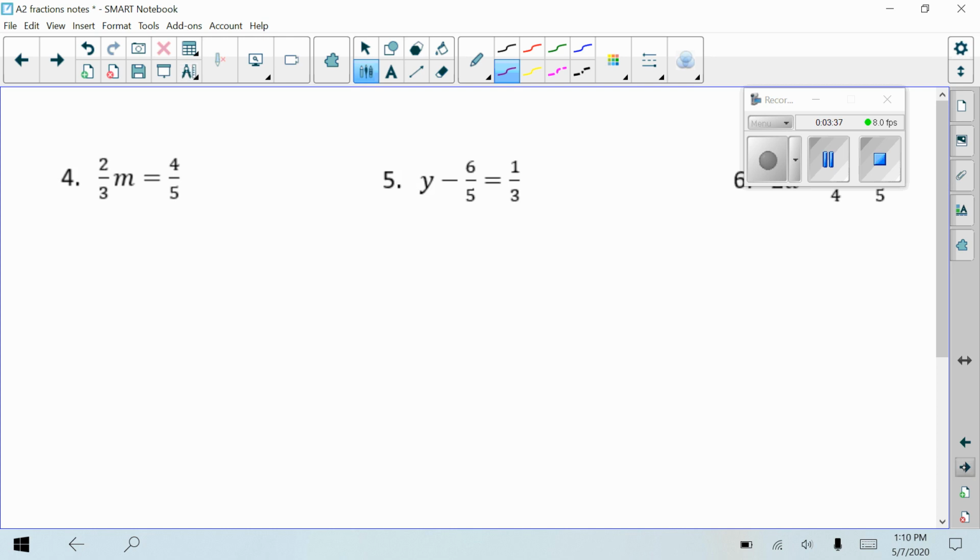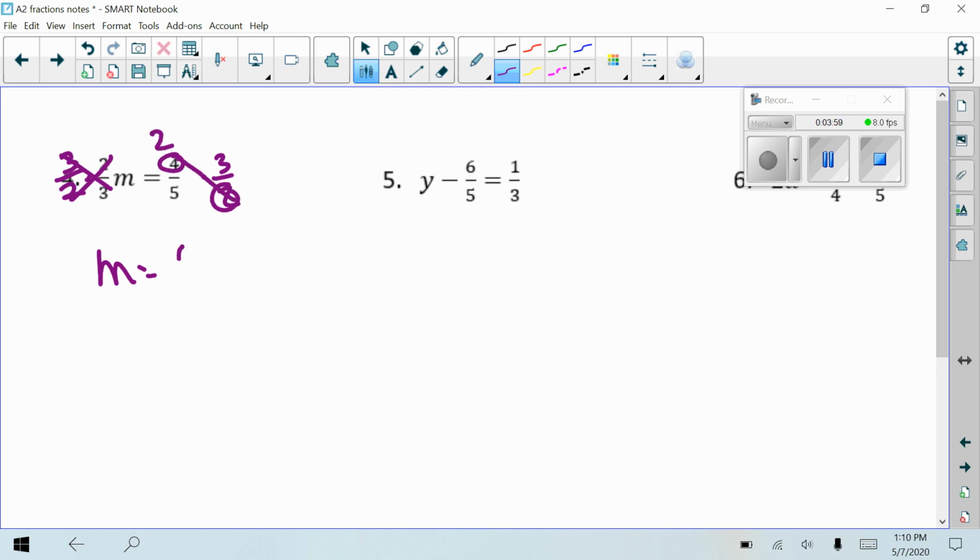Number 4. Here we have m. We're trying to get m by itself. So we're going to get rid of this fraction by multiplying by the reciprocal. So that gives me just m on this side. Over here, a couple ways you could do it. We've talked about simplifying the 4 and the 2. That's going to simplify to be 2.